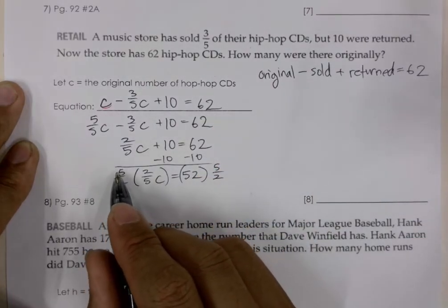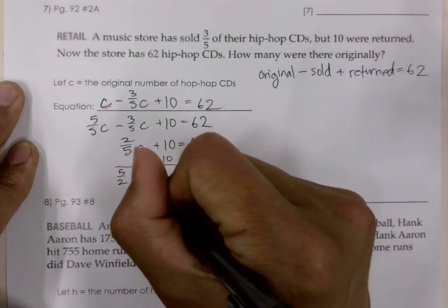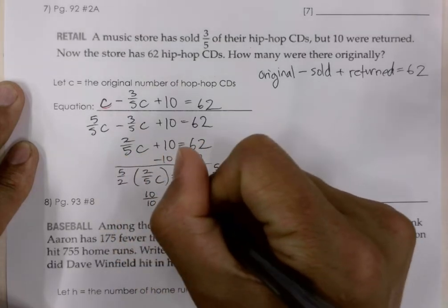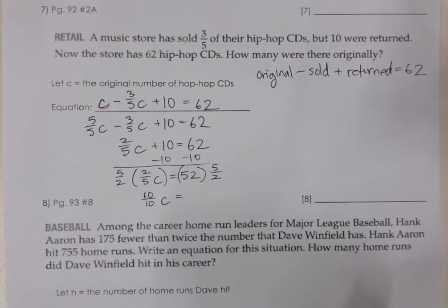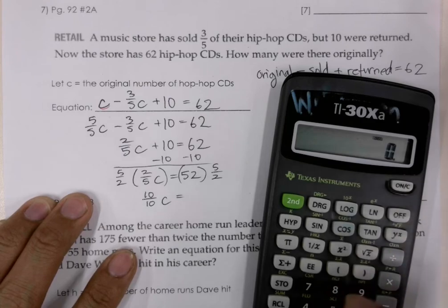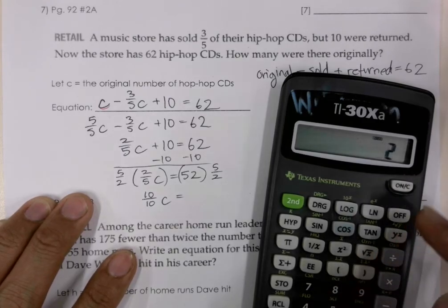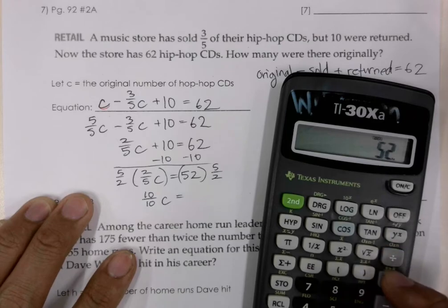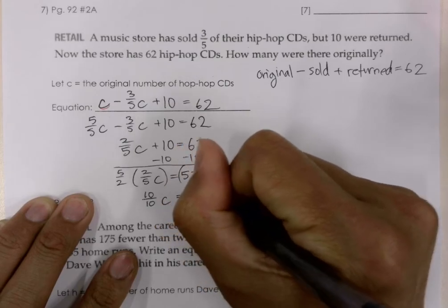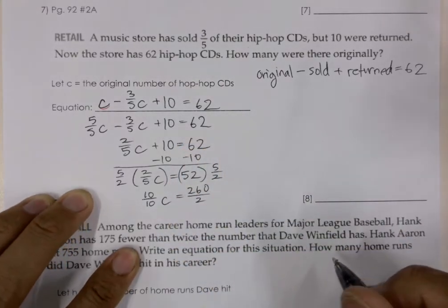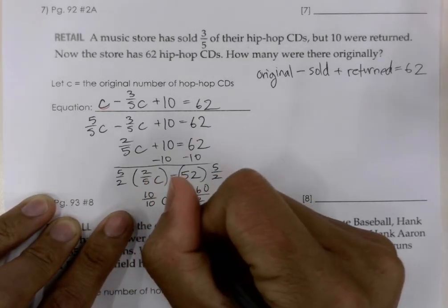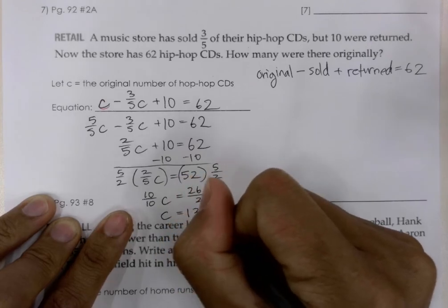On the left side, we'll have 5 times 2 is 10, over 2 times 5, which is also 10, C, is equal to 52 times 5, which is 260, divided by 2. So 10 divided by 10 is 1. 1 times C is equal to 130.